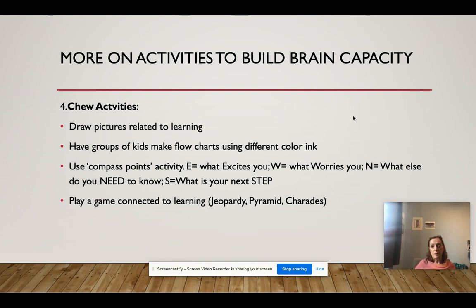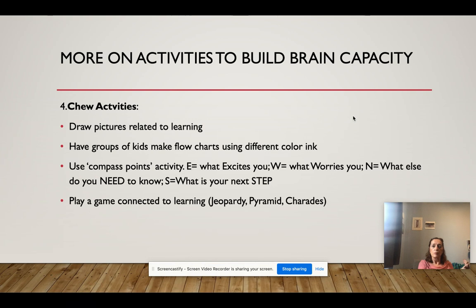You can use compass points, and this is an activity that I got out of a good book, and I'll talk about books in a minute, Making Thinking Visible. And this is where you can either talk this through in groups, or you can have flowcharts around the room. E, what excites me about this learning.